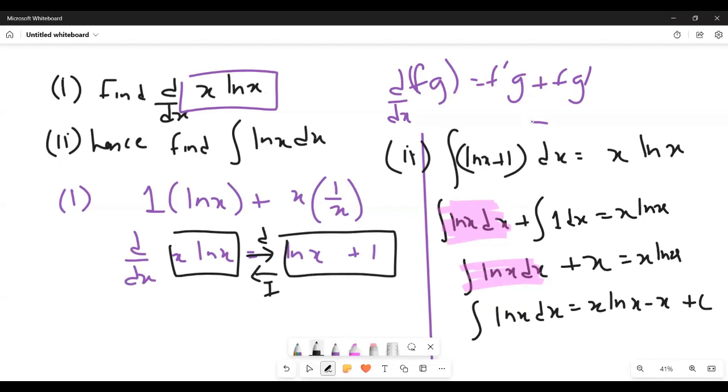Okay, one more example of integration as reverse of differentiation.